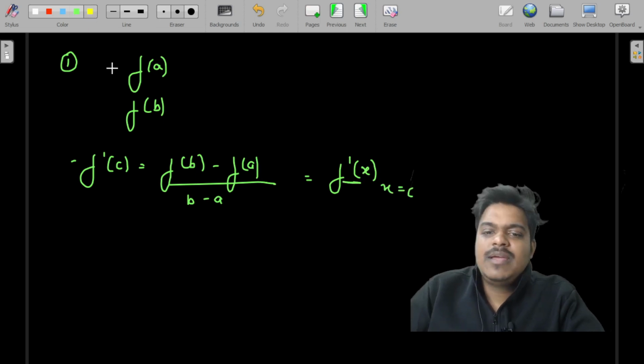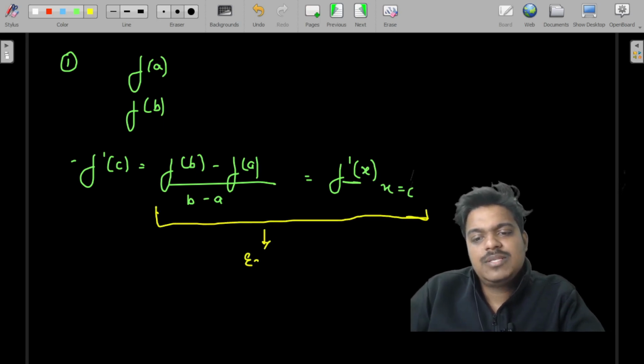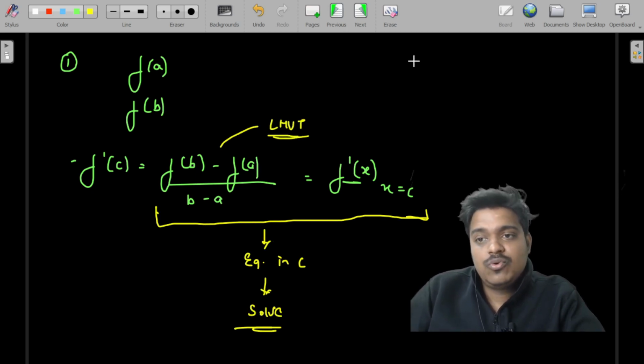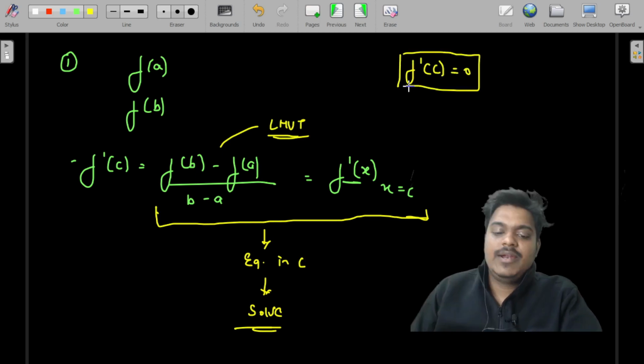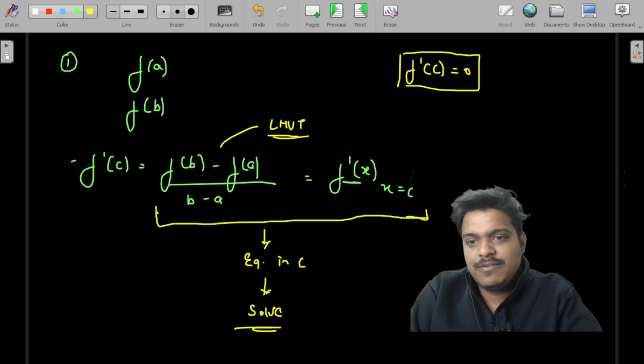So you will have an equation in c. You solve that equation and you will get the value of c. But this is applicable only for Lagrange's mean value theorem. When it comes to Rolle's mean value theorem, f dash c directly reduces to 0. So we have seen Lagrange's mean value theorem and how you solve questions related to it.